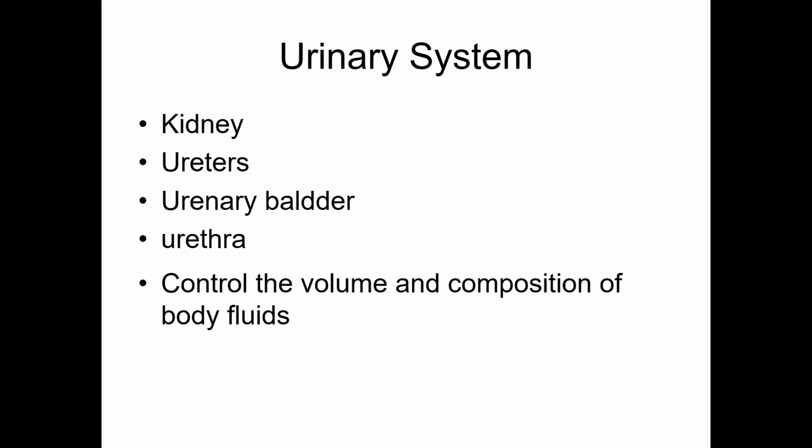The third part is called secretion. In the urinary system, there are mechanisms we can use to actively transport certain materials out from the blood into the filtrate and then into the urine.